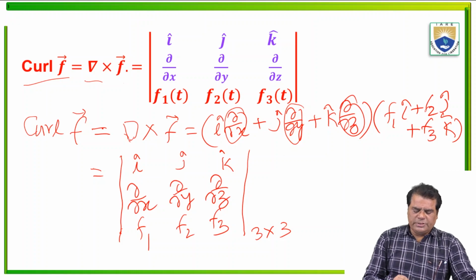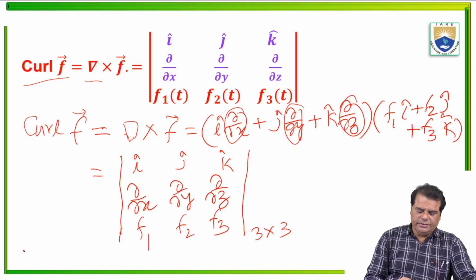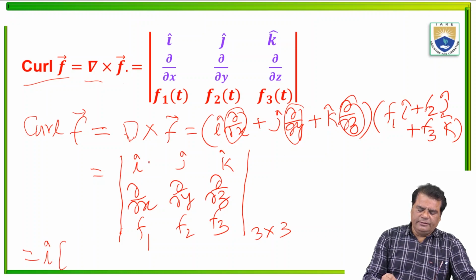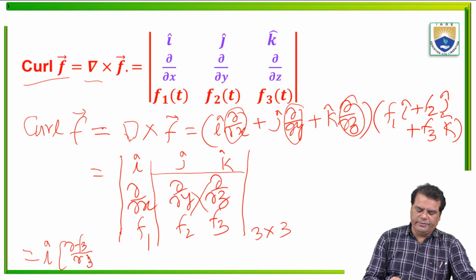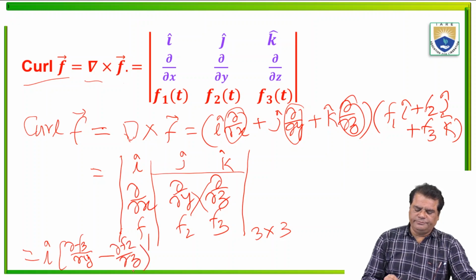So now, after opening the determinant, here is i vector. This cancels and this cancels. This minus this: dou f3 upon dou y minus dou f2 upon dou z.